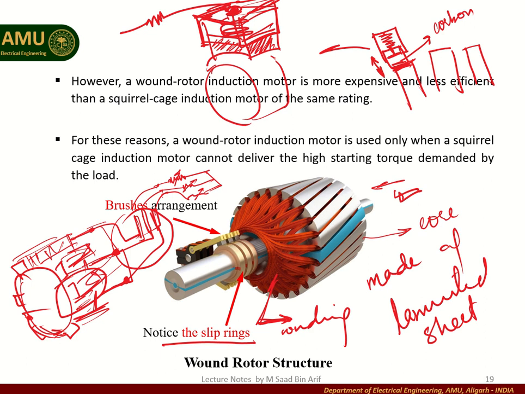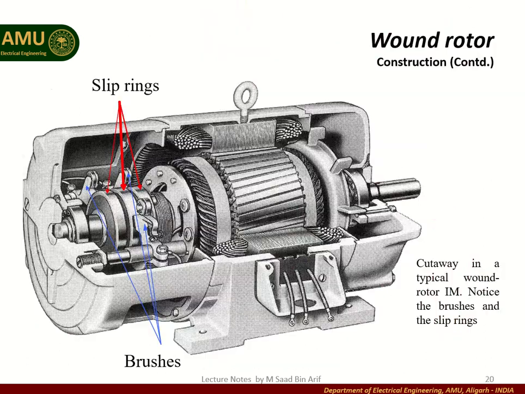Now let us have a look at the wound type rotor, that is the practical wound type rotor. See, we have the rotor arrangement over here. We have stator windings as in the case of the cage type rotor.